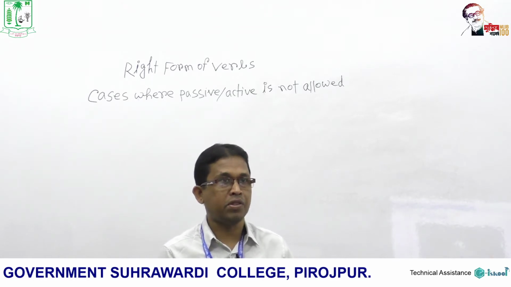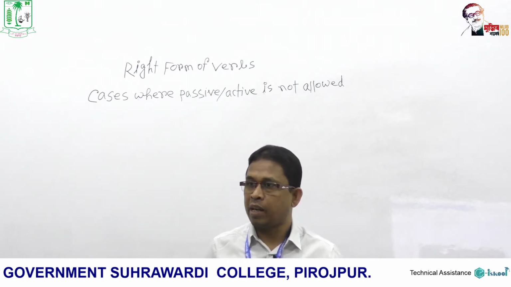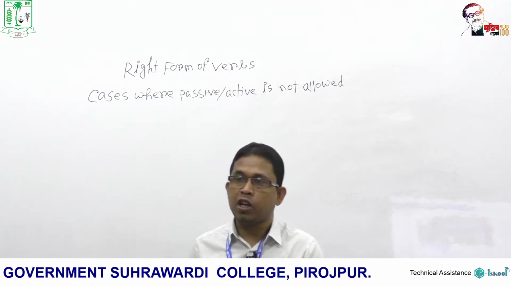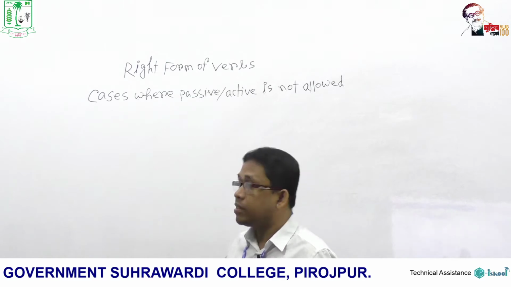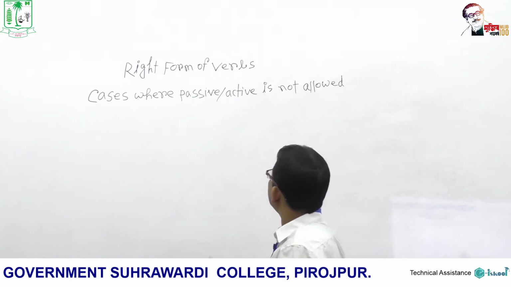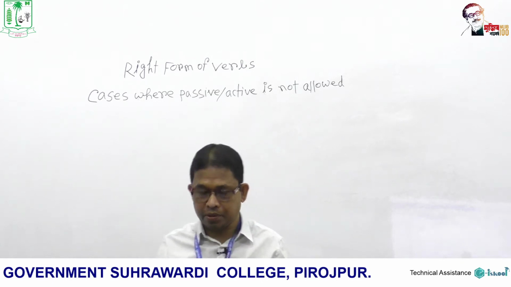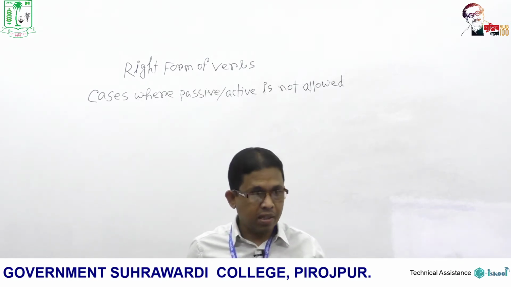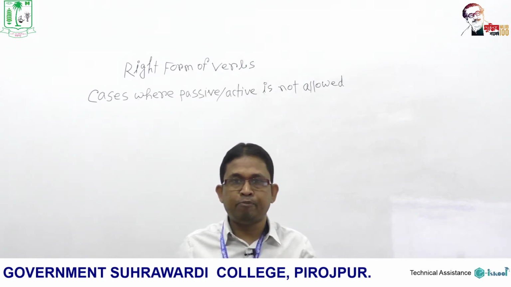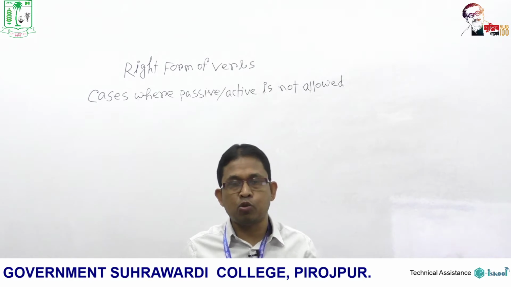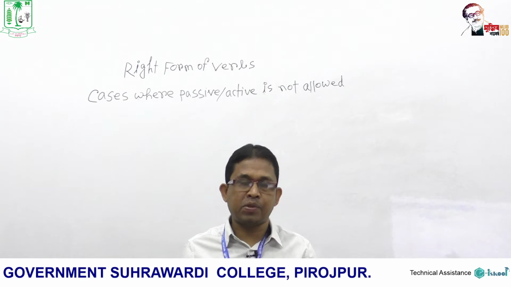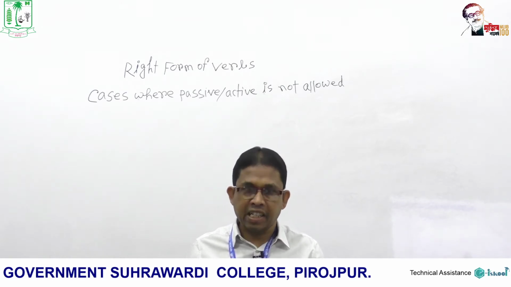Dear students of intermediate class, we are talking about right form of verbs, and today you are going to learn about a very interesting item of grammar, that is cases where passive or active is not allowed. Dear students, there are some verbs which do not take an object, and we have to use those verbs in active voice.